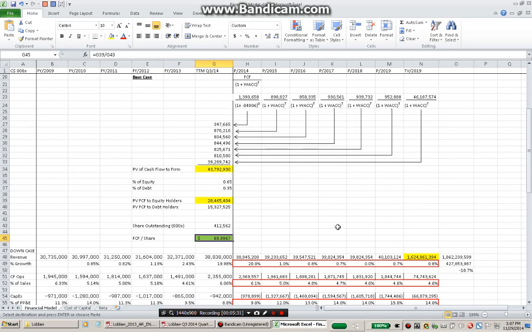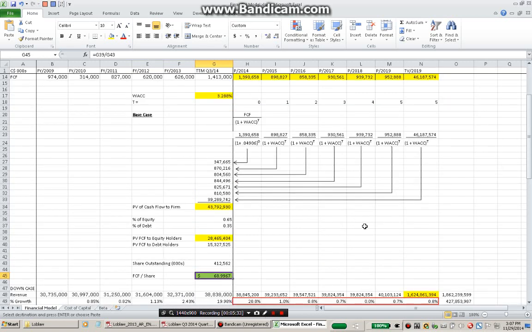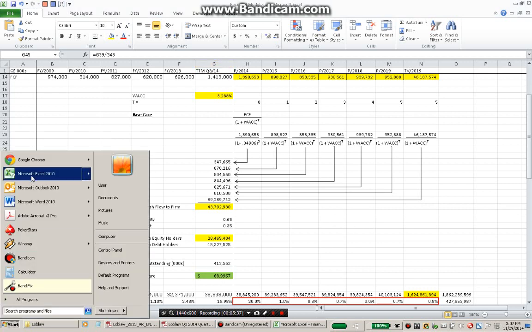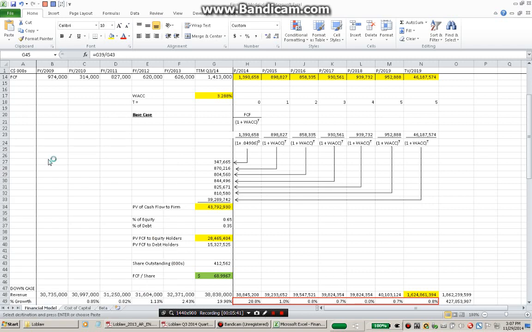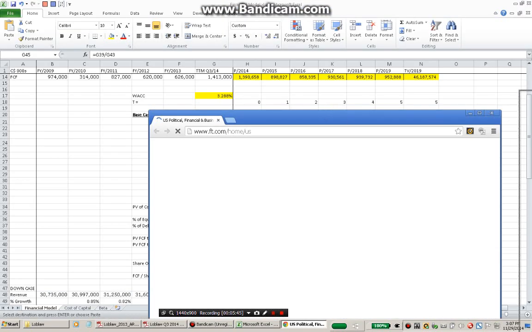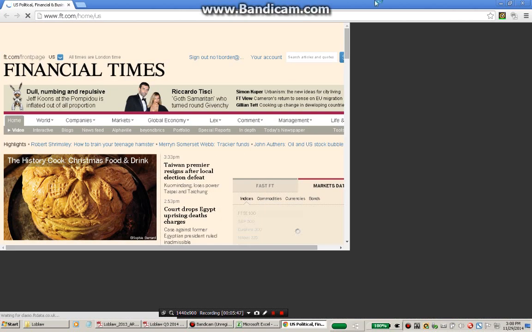So here now, when we include debt, which includes operating leases, we're actually much more in line with the stock market.